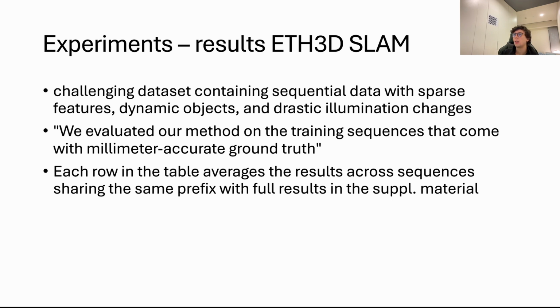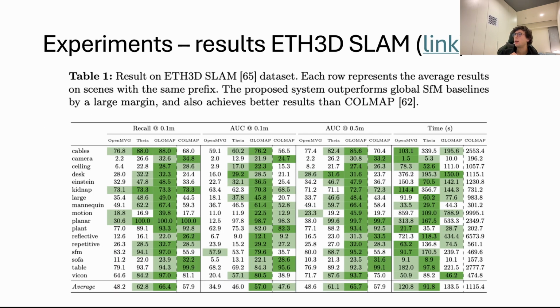And well, they said how they evaluated and compared to the ground truth and so forth. Here we can see that most of the results and metrics show that GLOMAP is actually superior to all the rest.